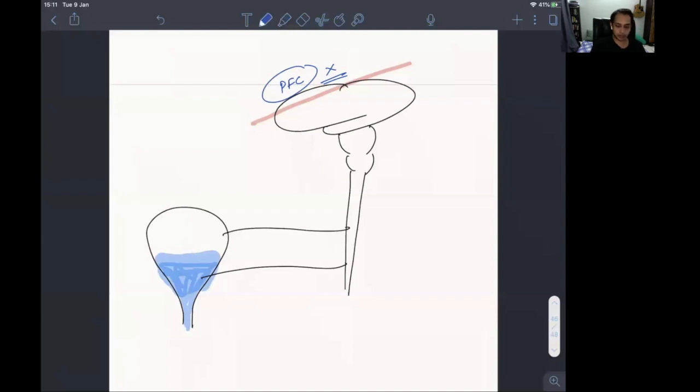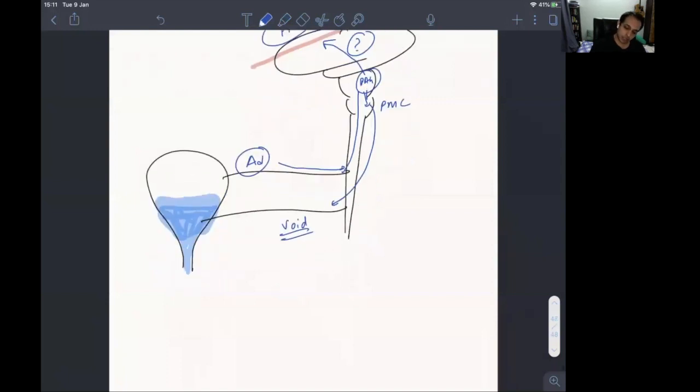Now what will happen? Your A delta fibers will take it to the sacrum. It will go up to the PAG. The PAG will ask the prefrontal cortex, but there is no response because your prefrontal cortex is now out of the picture. So then the PAG will tell the PMC that you go ahead and void.